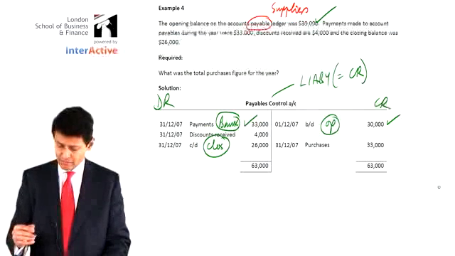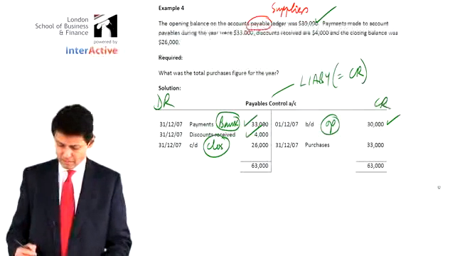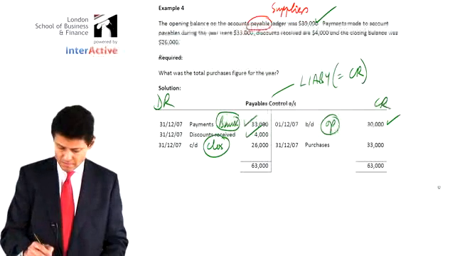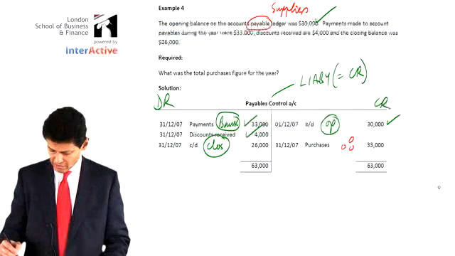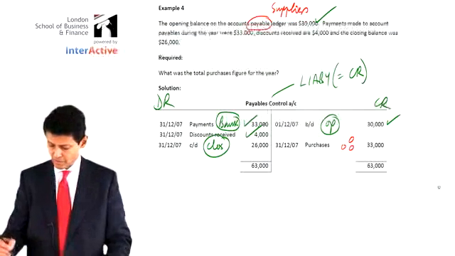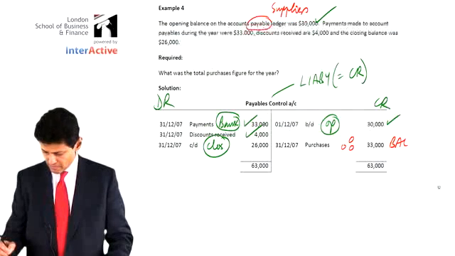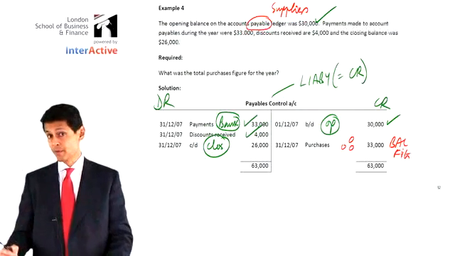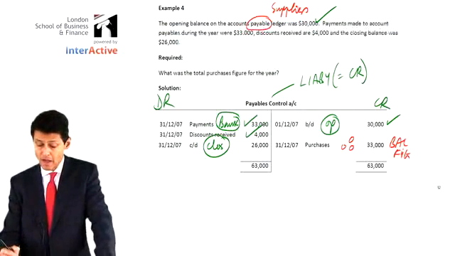The discount received, of course, is 4,000, and so the figure that turns up as the balancing figure is purchases. The lovely feel to this, of course, is apart from it being a balancing figure, if you've done your sums right, you probably are right there, get your full marks.